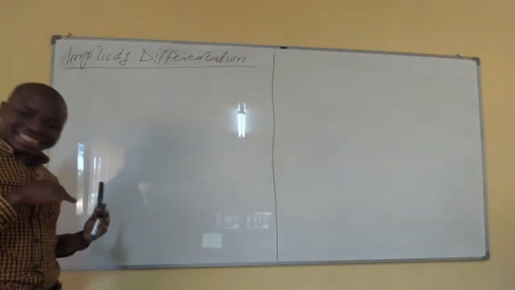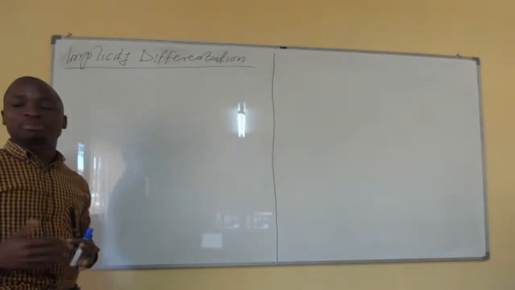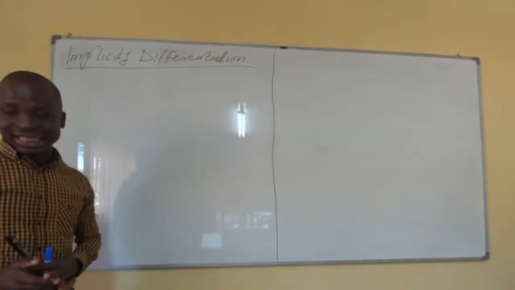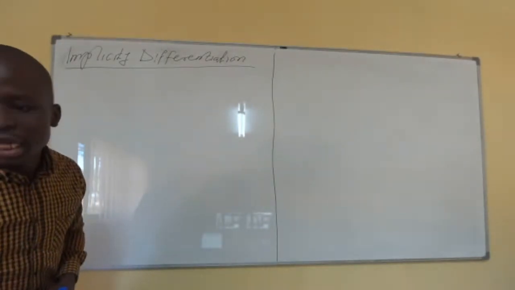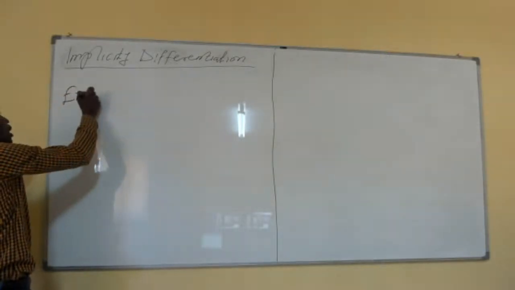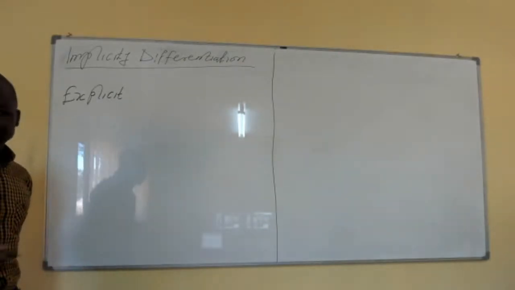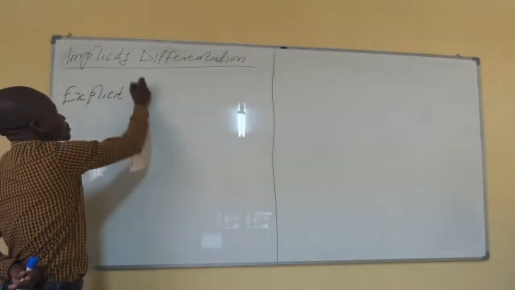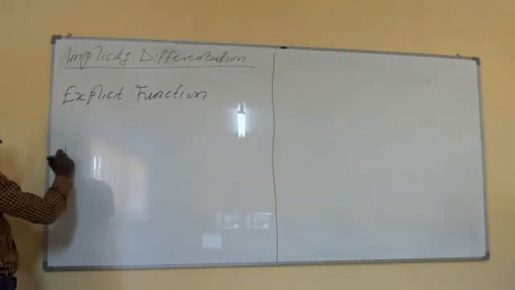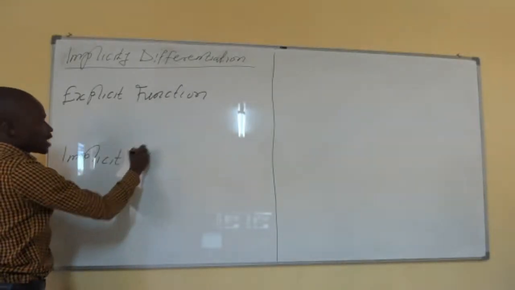From the time we started differentiation, we have been looking at explicit functions. There is an explicit function, and there is what we call an implicit function.